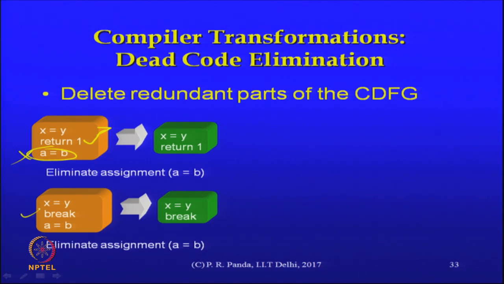Of course, as we make these decisions, we do need to take care that it is not possible for us to jump from some other part of the code to that statement that we are about to drop. That check does need to be made. How do you make that check? Often compilers do the following. They look at whether there is a label attached to some statement.